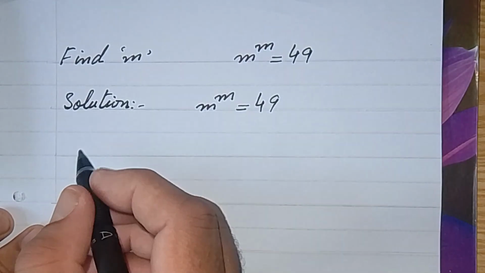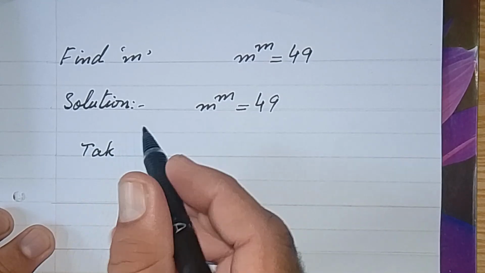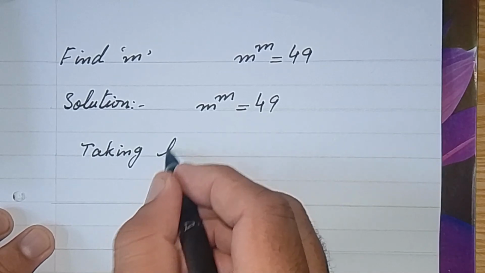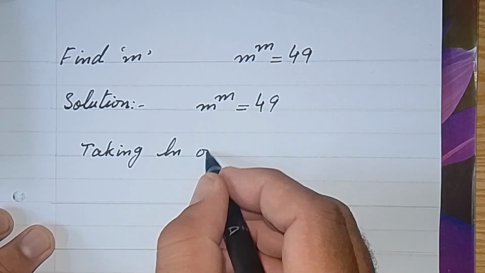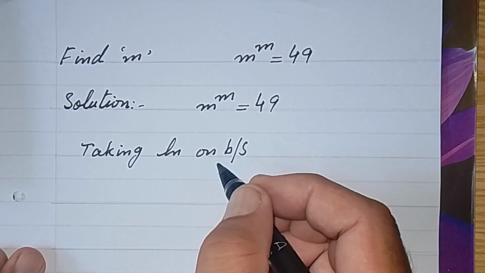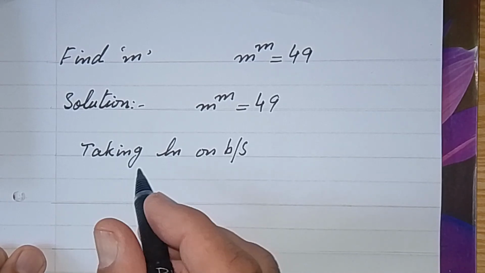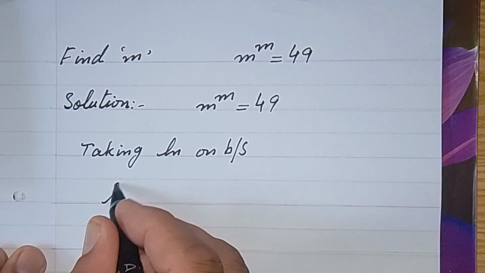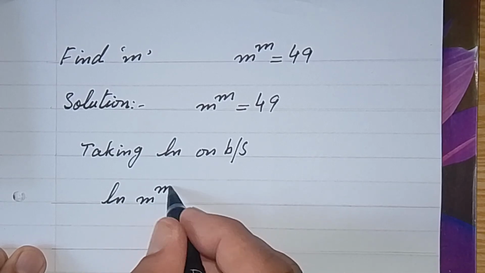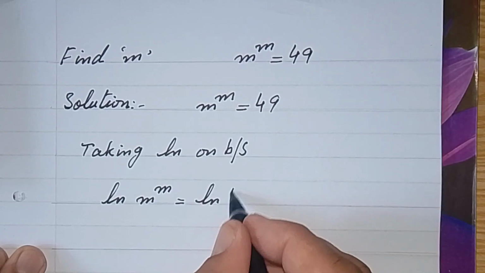Taking log on both sides. This becomes log m raised to the power m is equal to log 49.